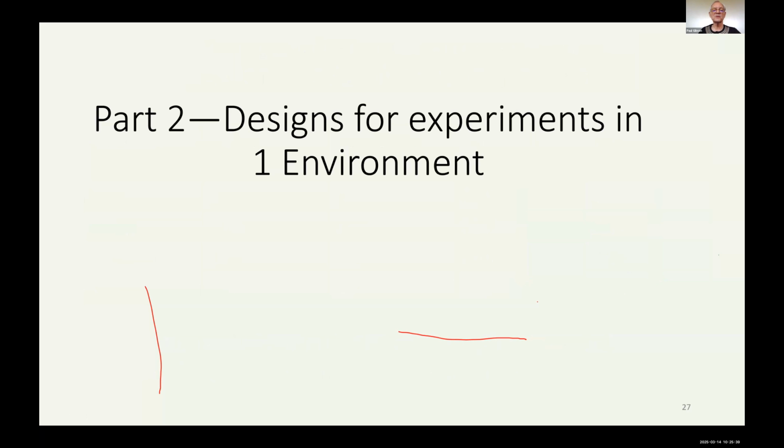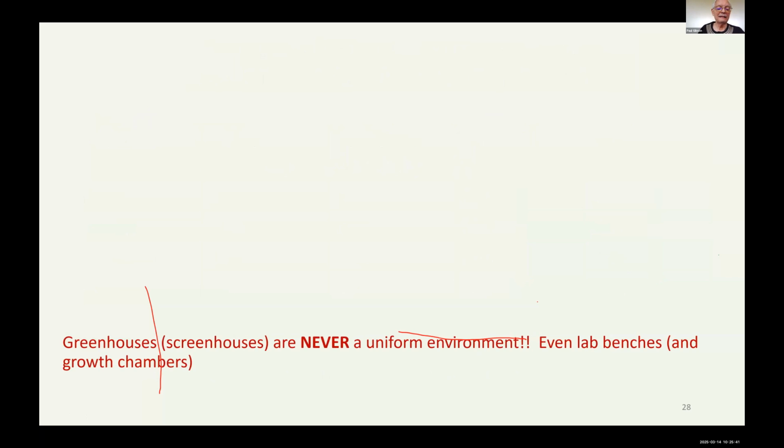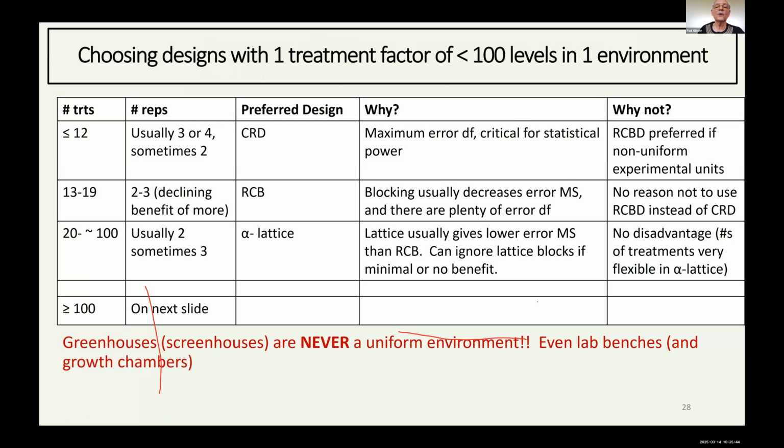Now, moving on to specific designs. If we look at ones with fewer than 100 levels in a single environment first, and where there are less than or equal to 12 treatments, usually it's important to have 3 or even 4 reps. 2 is very iffy as far as getting power in the statistical comparisons.